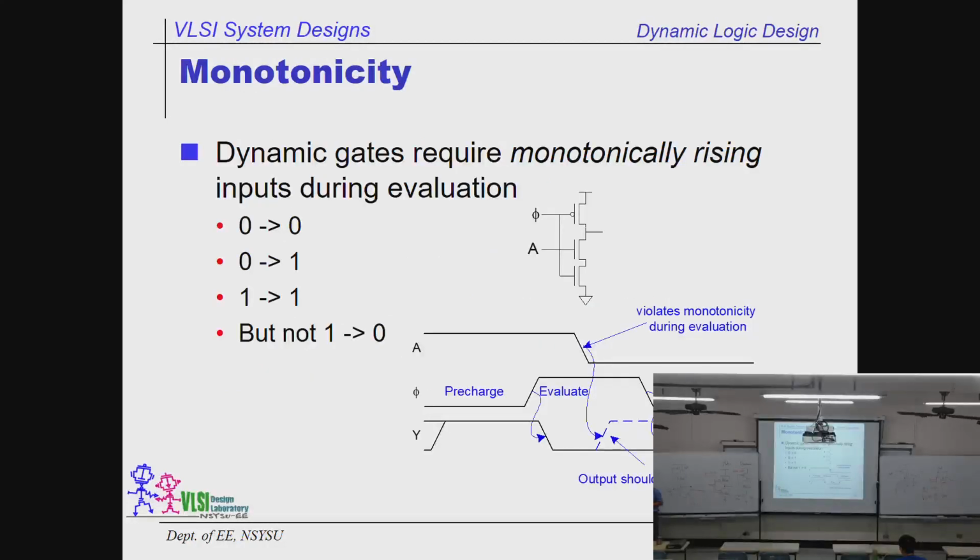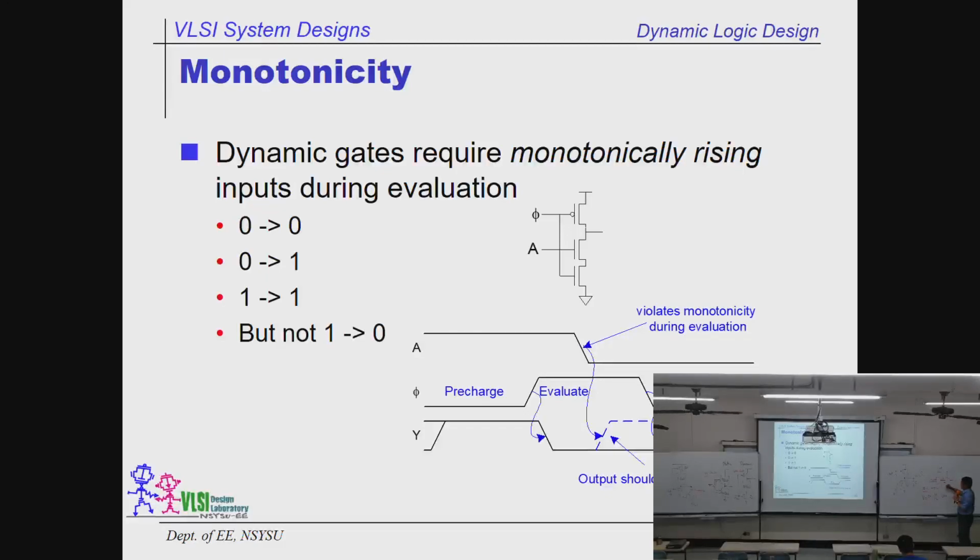So let's go to the domino logic. This is perhaps the most important one besides the basic dynamic. Remember what the problem is when we cascaded two dynamic logic together?